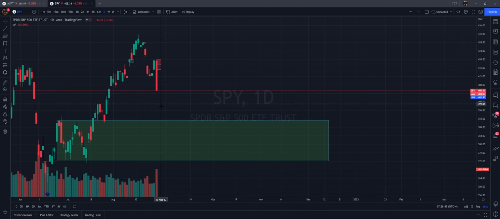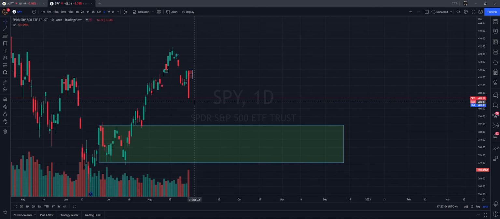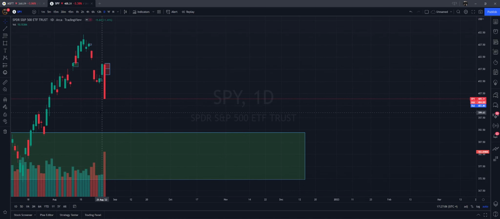So in this case, if we see a gap down all the way here, we must see some bounce or some movement to the upside again. But how big is the movement to the upside? I don't know. So in this case, we're gonna discuss key levels so we can determine, if this bounces on the demand zone right here, where are the key levels that we need to see.